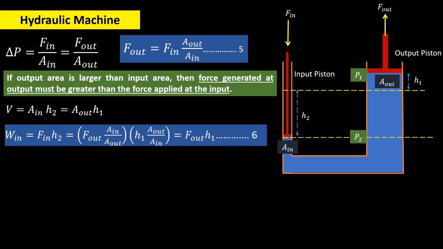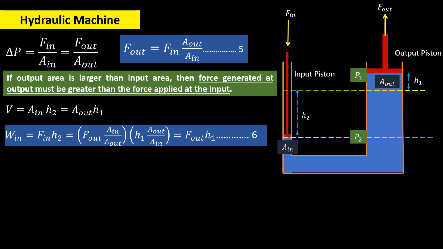But we have the value for F, the force at the input, from equation 5, and we have the equation representing the H2 value from the volume calculation. And we can substitute them into the equation, and they give us the force at the output multiplied by the distance moved at the output, which is work done at the output.